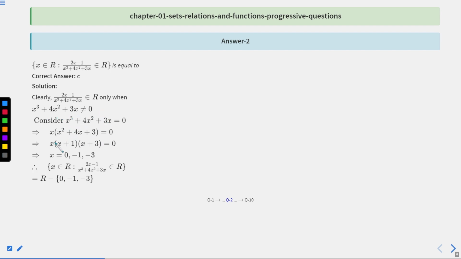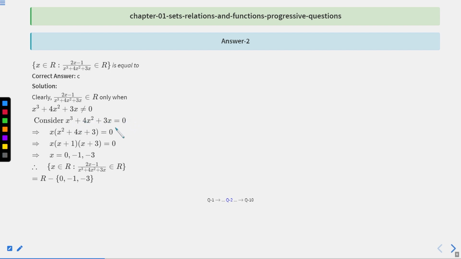Now take x as common. The values of x at which x^3 + 4x^2 + 3x becomes 0, we eliminate from the real set. So first we have to find the points at which x^3 + 4x^2 + 3x becomes 0.